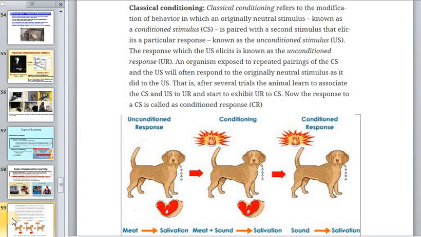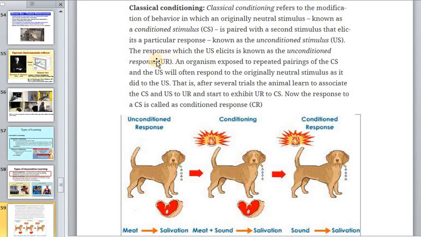Classical conditioning refers to a modification of behavior in which an original neutral stimulus, known as the conditioned stimulus, is paired with a second stimulus that elicits a particular response, known as the unconditioned stimulus. The response which the unconditioned stimulus elicits is known as the unconditioned response, or unconditioned reflex.